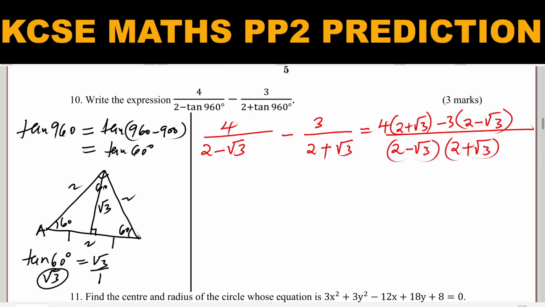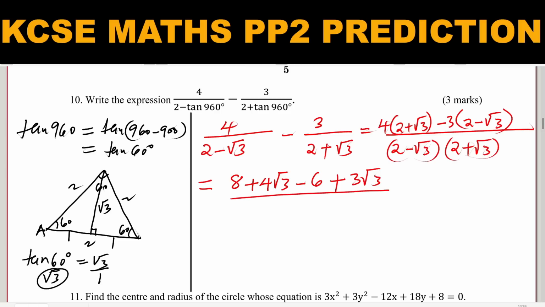Just the same way we add fractions, that is what you're doing. So we proceed. So we open the brackets. This one will be 8 plus 4 root 3 minus 6, then plus negative 3 multiplied by negative root 3. That will give positive 3 root 3.